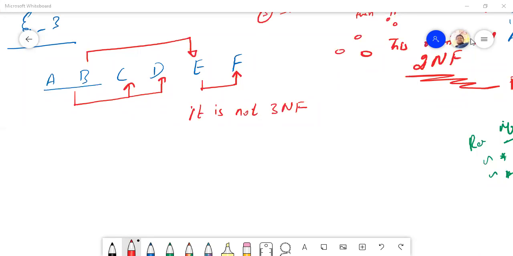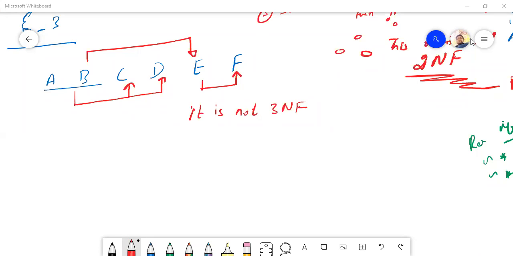Now another question. Can you guess whether in this particular relation there is any partial dependency possibility? I'm not asking for certainty, just possibility. Yes, sir.